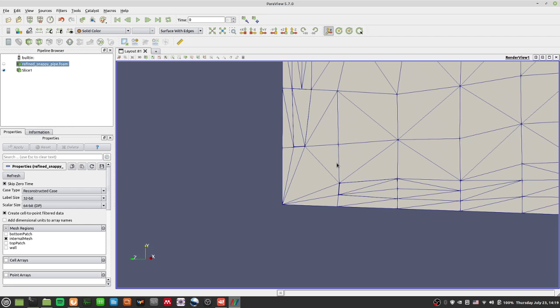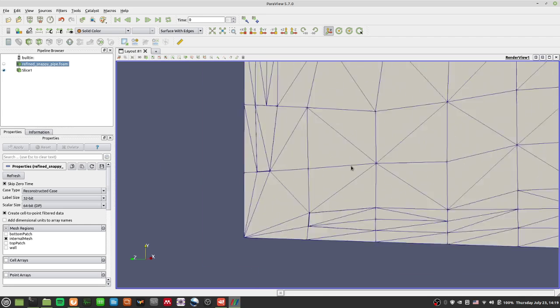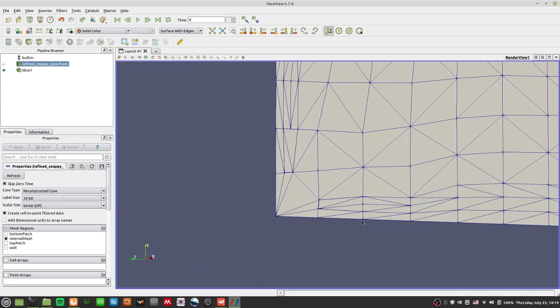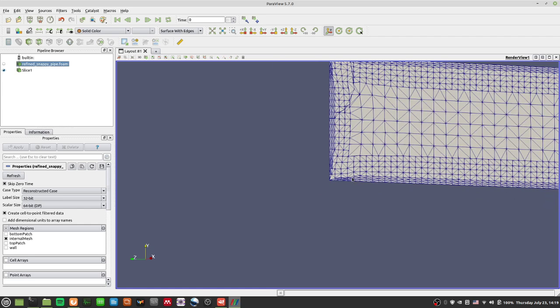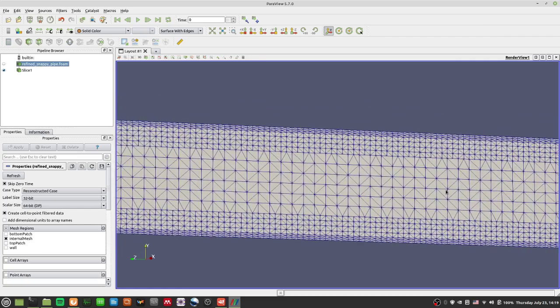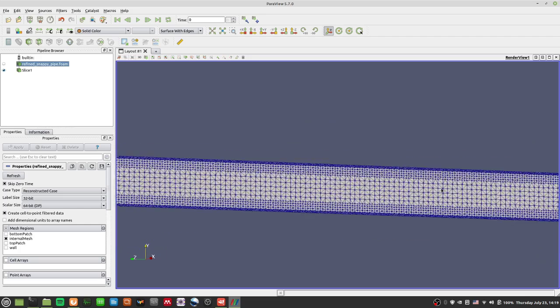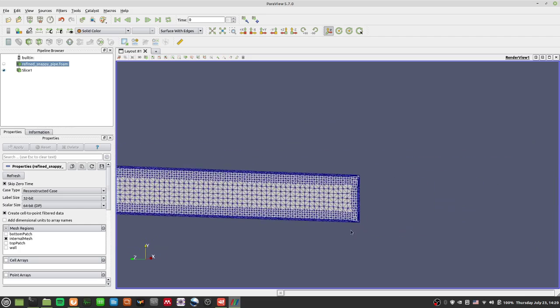I'm using my left and right mouse buttons to hold, click and pan, and then the right mouse button to zoom in and out. So you can see that the meshes here are very weirdly shaped sometimes. The rest are okay. It's just probably those at the corners that are a little bit more problematic.